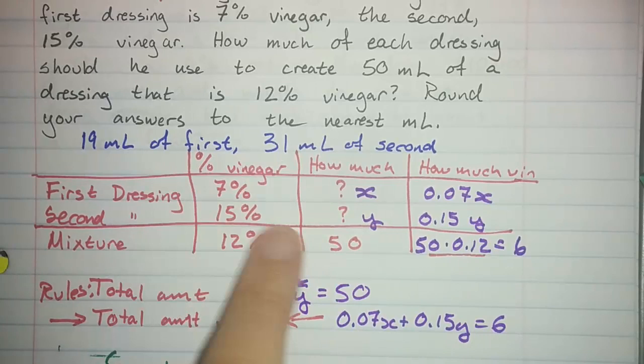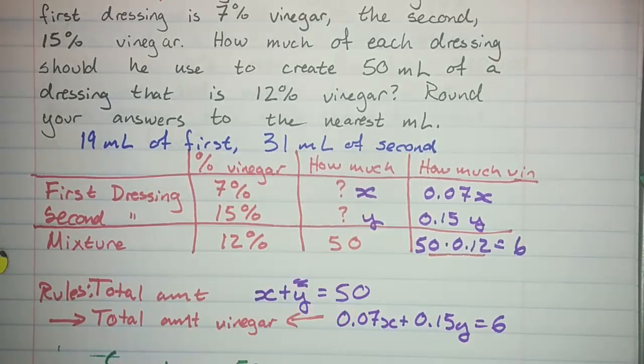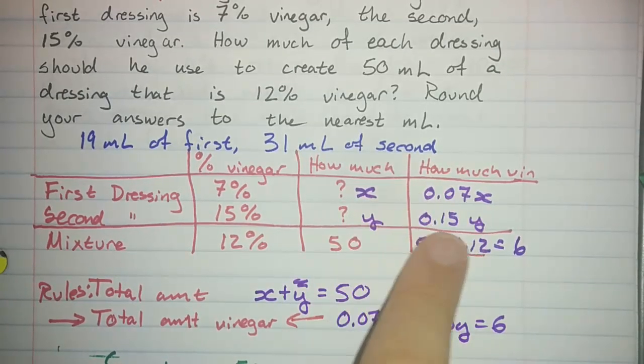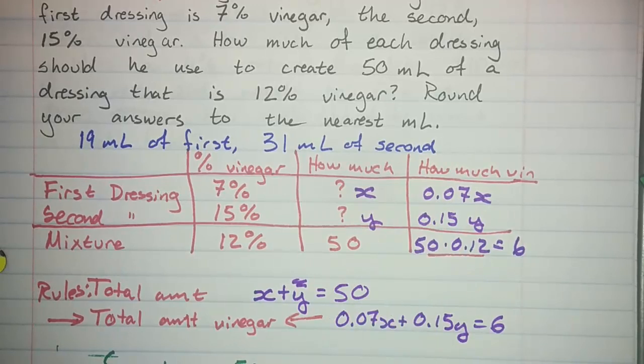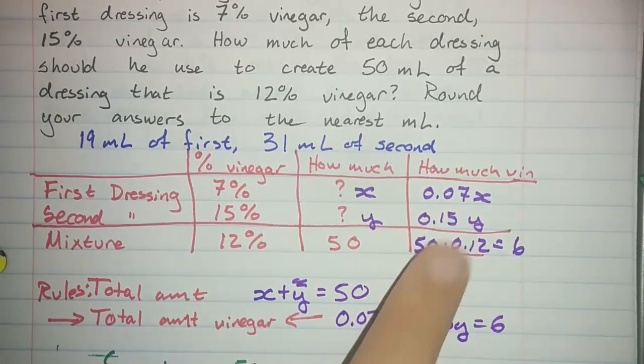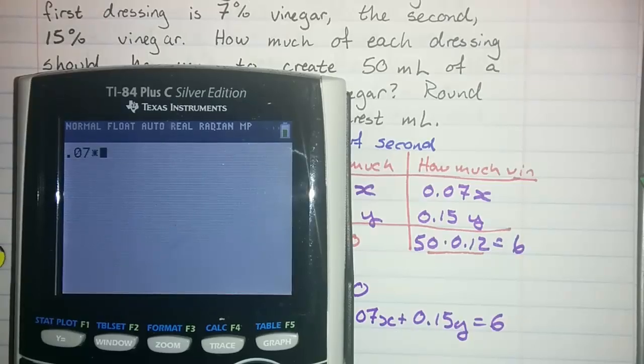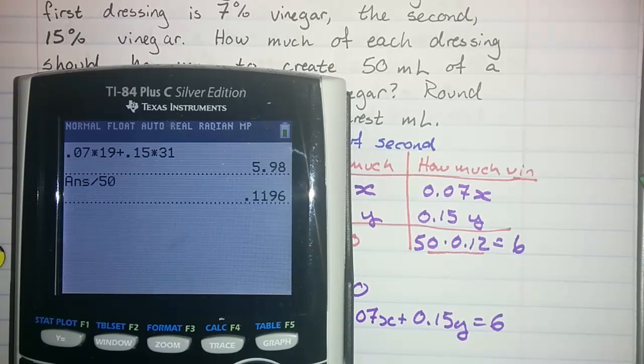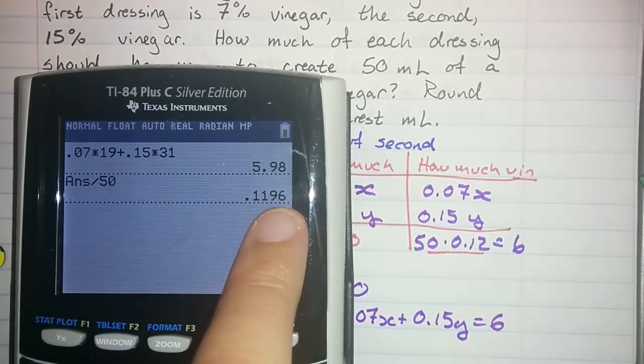Well, first of all, if I mix them together, I'm going to get 50 milliliters, so that's good. I'm going to actually quick check how much vinegar I get. I'm going to do 0.07 times 19 plus 0.15 times 31, and then divide that by the 50 milliliters of the mixture, and that's super close to 12%.